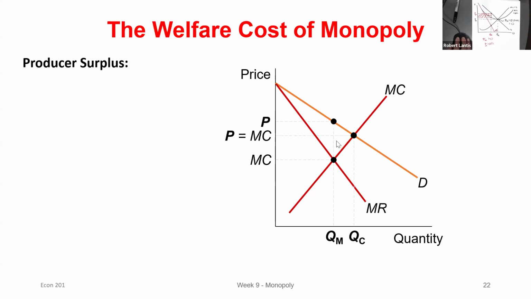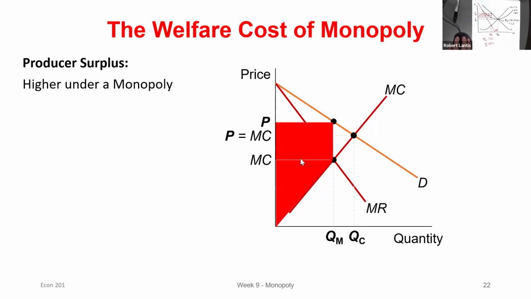So another way of thinking about this, and I've got a visual here I think that will help. I'm going to try to draw it out as well. It gets a little bit trickier. So let's think if I had producer surplus from a monopolist. What would that be? Well, it's going to be the difference between the price they're charging, that's their marginal benefit, and the producer or the monopolist's marginal cost. So it would be this entire area here.